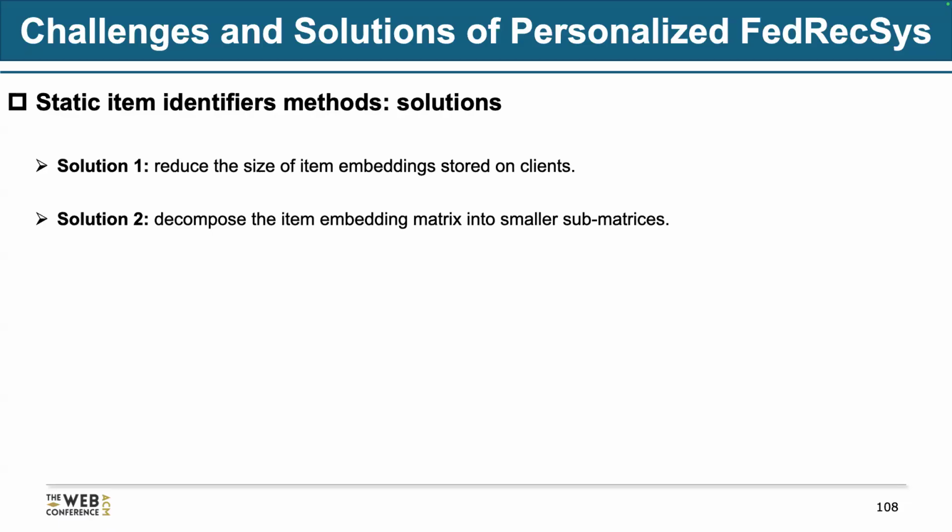By using partial item retention and matrix decomposition, FedRecSys can efficiently handle extensive item inventories. It overcomes memory and communication bandwidth limitations on individual devices, enabling the system to scale and provide personalized recommendations despite the resource constraints of the distributed architecture.